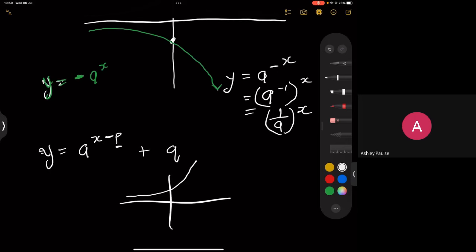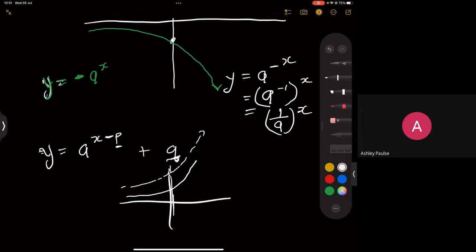Notice when it says minus, you are shifting it to the right, to the positive side. When it says plus, you are shifting it to the left. And then q means that you are shifting it either up or down. So when q is positive, you are taking it upwards, so you'd have a graph that is somewhere there. That would mean that it is a shift.